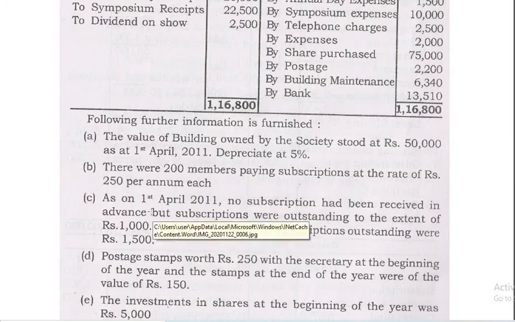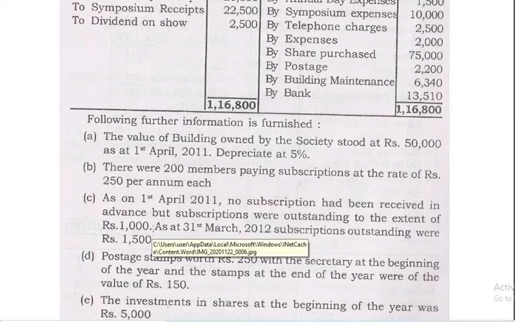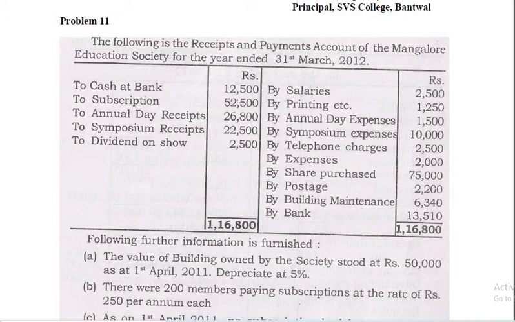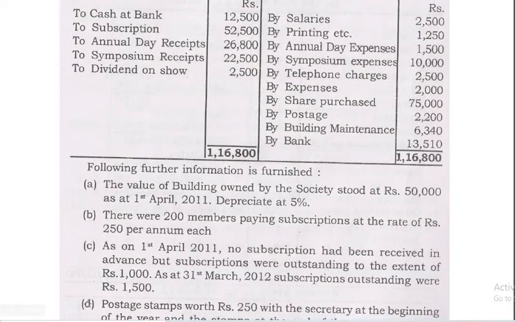Last year there was no subscription advance for the current year 11-12. But subscriptions were outstanding to the extent of 1,000. So 1,000 should be added to the subscription received here, 52,500. That is the subscription amount received this year, and still they say 1,000 is outstanding, so that should be added.